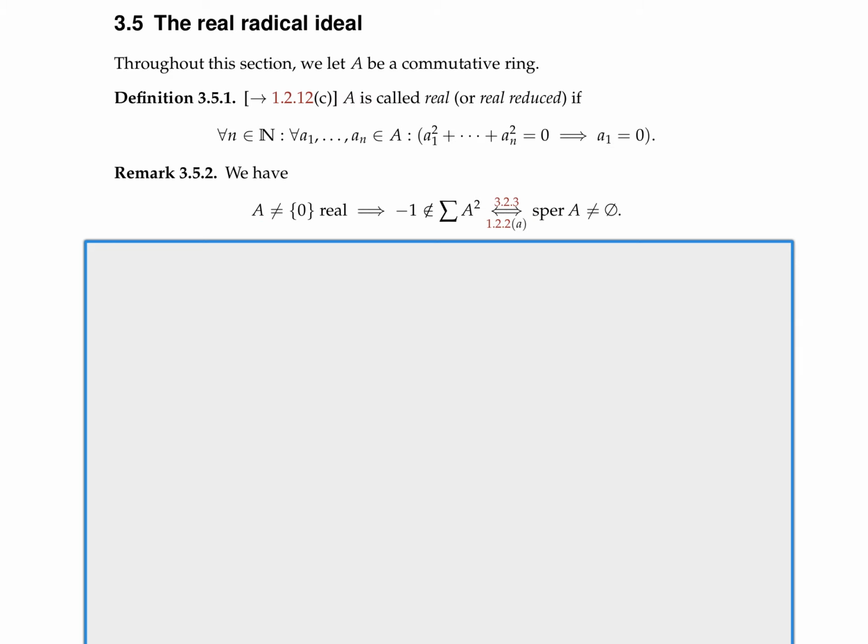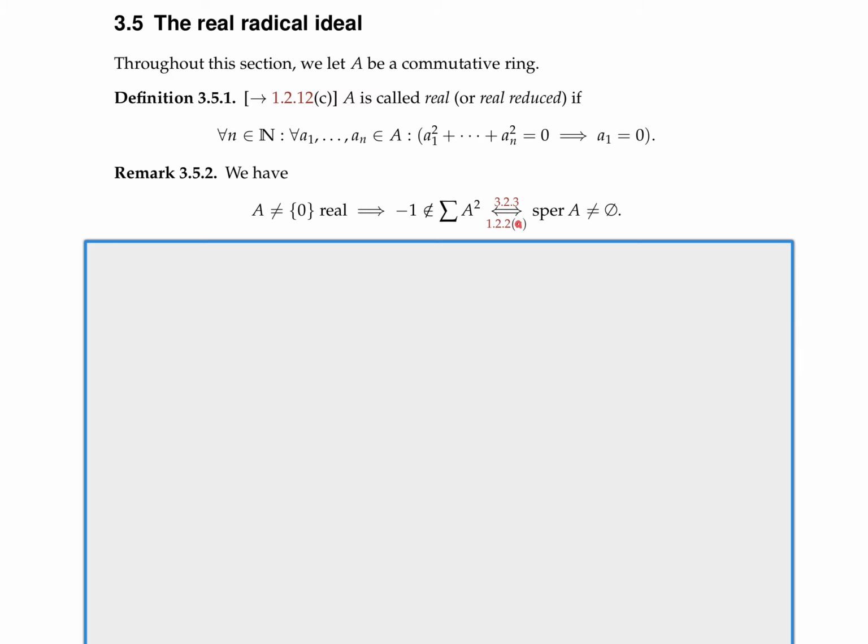But one implication is true: if A is real and is not the 0 ring, then -1 is not the sum of squares. On the other hand, we will soon see an example where the reverse implication is not true. But this here is equivalent to there existing a prime cone, right? Because, you know, sums of squares form the smallest preorder.